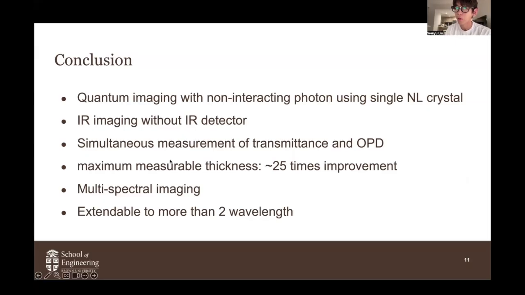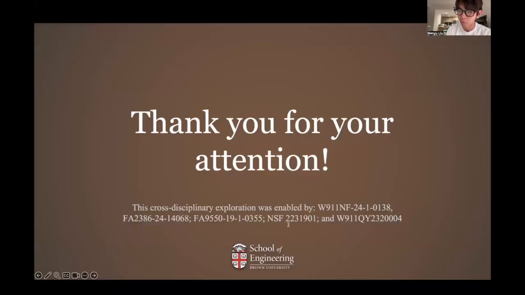Most importantly, we extended the maximum measurable distance or thickness by 25 times, to 50 micron instead of 2 micron, which can accommodate more biological samples. We also achieved dual wavelength or dual spectral imaging, and this study can be easily extended to more than two wavelengths. Thank you very much for your attention.